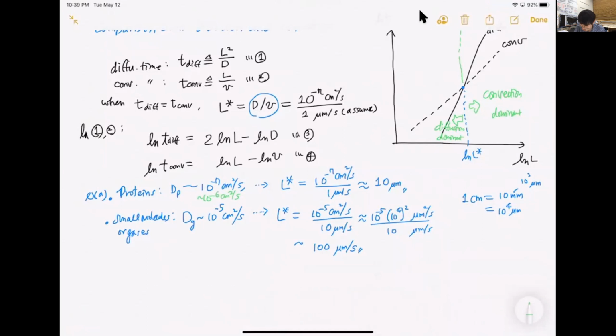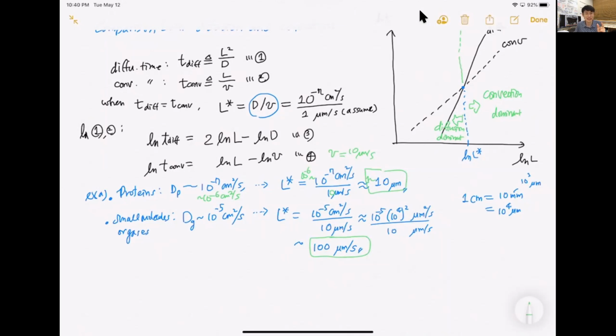If I change the velocity to 10 micrometer per second, L star will be about 1 to 10 micrometer.